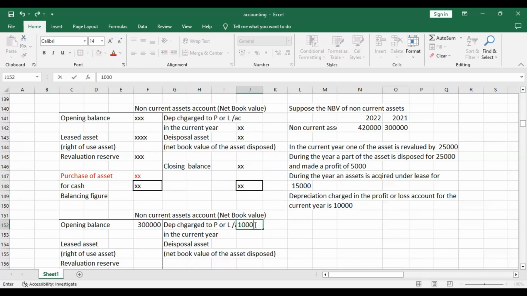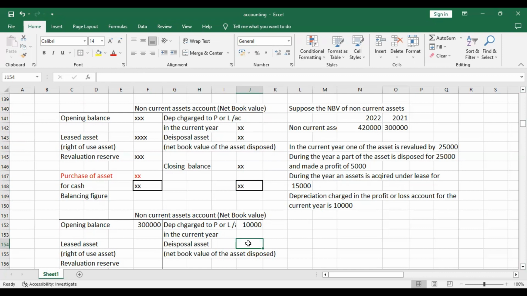You take it. Then the asset disposed in the current year. How much asset is disposed? A part of the asset is disposed for 25,000 and made a profit of 5,000. So then what is the book value? Book value is equal to 25,000 minus 5,000, which is 20,000.